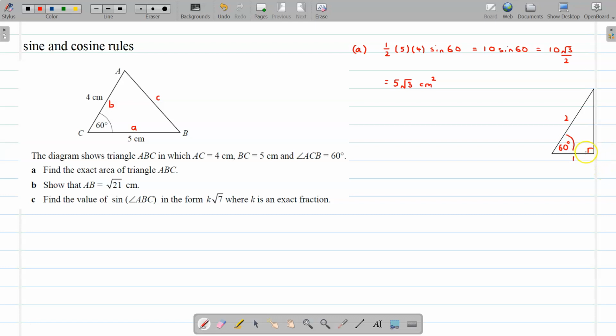So the sine of 60 is the opposite over the hypotenuse, and to find the length of the opposite we can use Pythagoras' theorem. So the length of this vertical line is, from Pythagoras, the square root of 2 squared minus 1 squared.